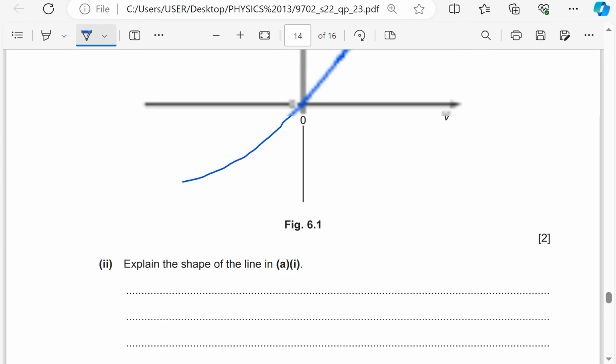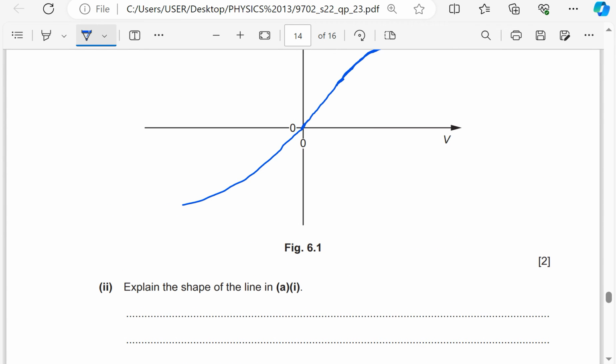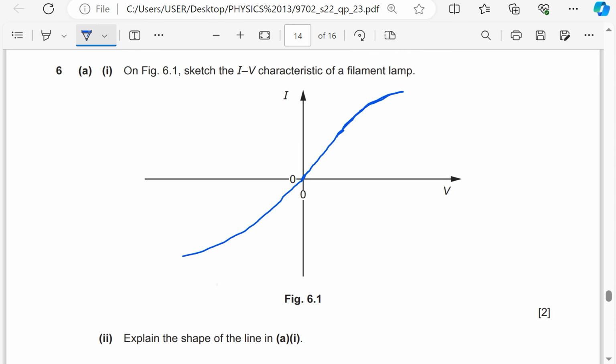So of course we notice that as V increases, the current increases, but of course we know as I increases, the temperature increases.